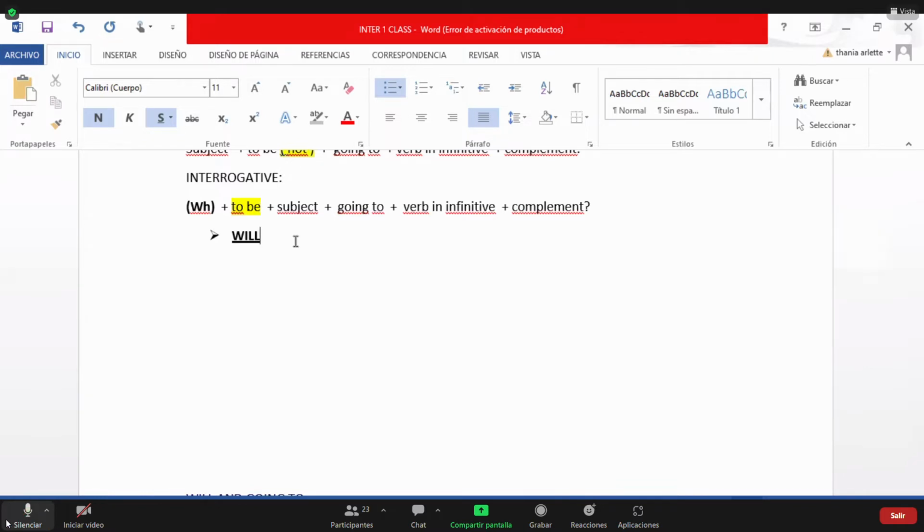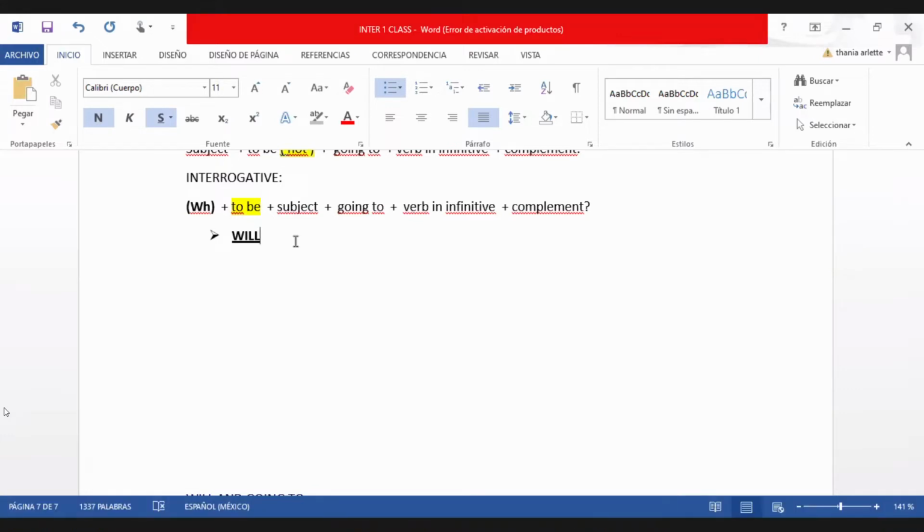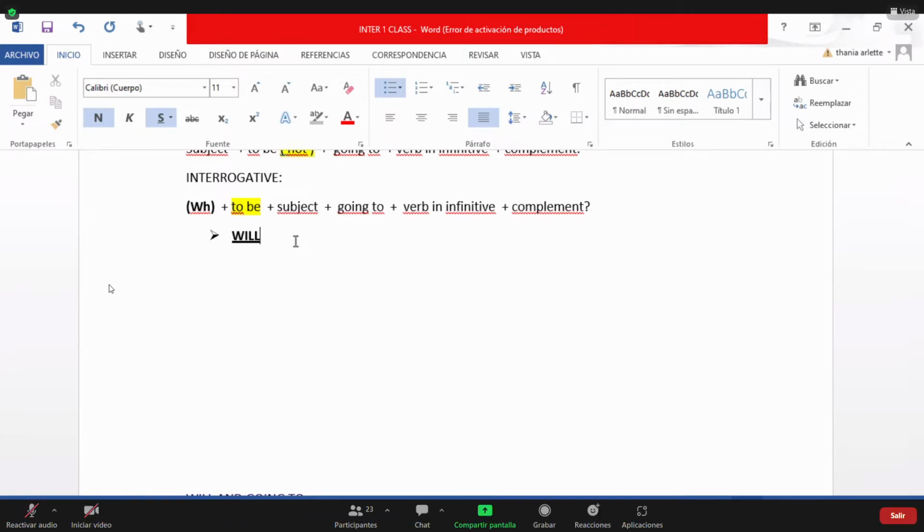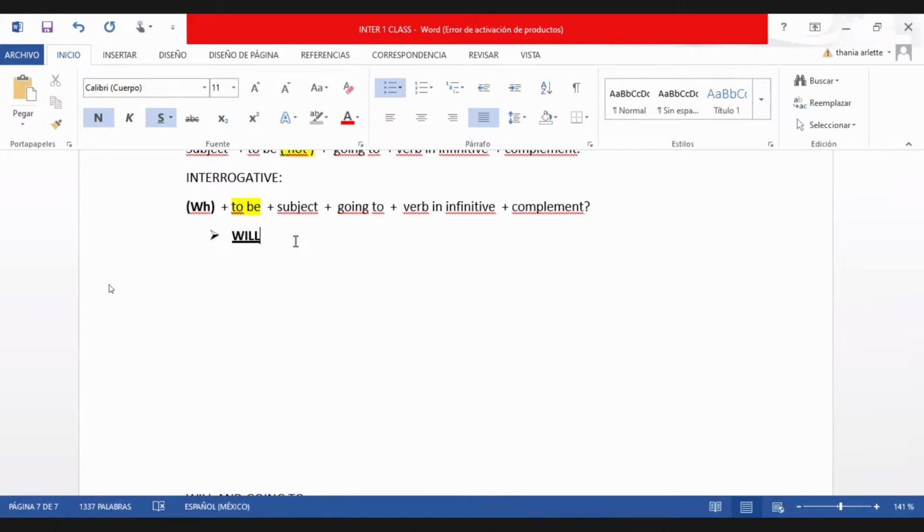Should, would, could. Yes. Okay. Very good. So in unit number 3, the modals we checked were should, could, and would. They are modal auxiliaries.